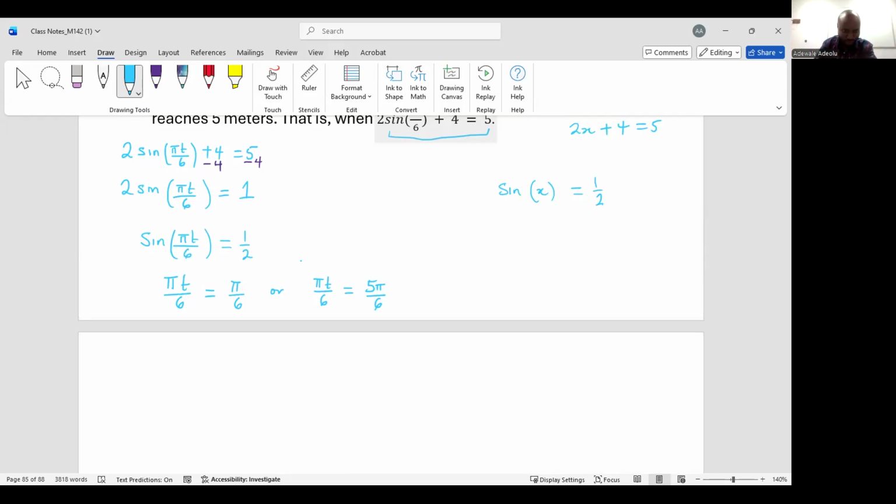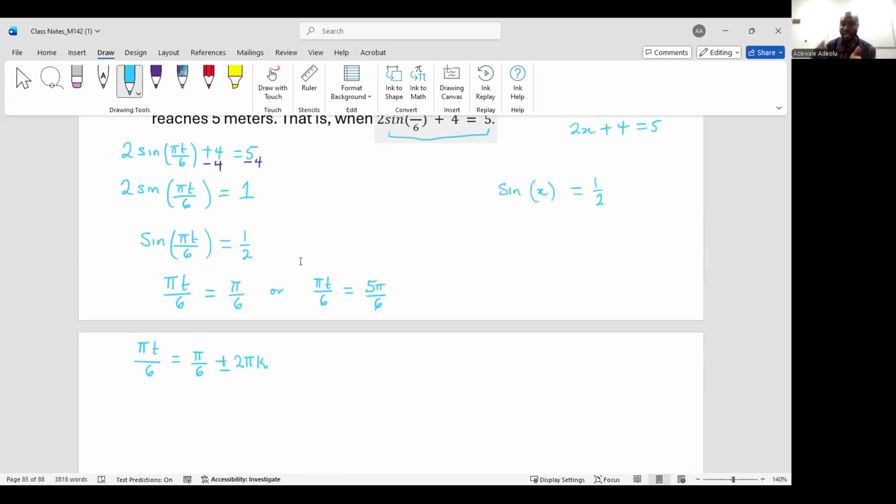Now, this is what I'm going to do. I'm going to say pi t over 6 equals pi over 6. It will occur when I add or subtract 2 pi k.